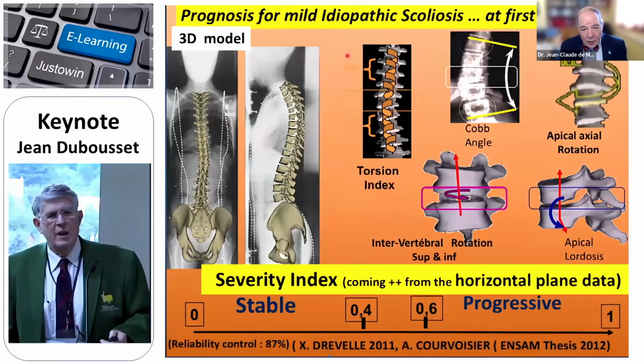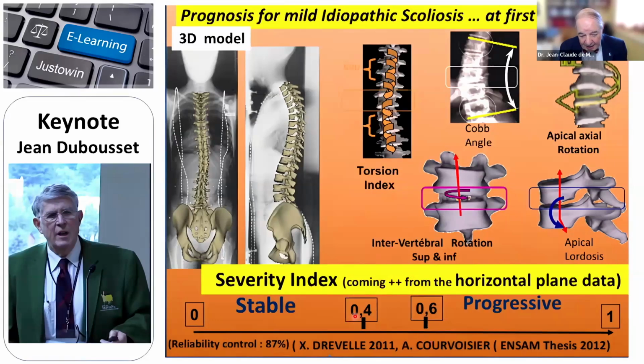And we have also for mild idiopathic scoliosis, we can define a torsion severity index because we have the exact rotation at all levels, both at the apical level, but also at the limit vertebrae, at the extremity of the curve, and in fact, we can measure the exact rotation on all vertebrae inside the curve.